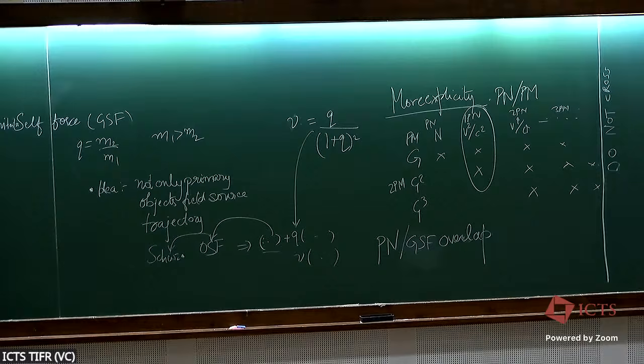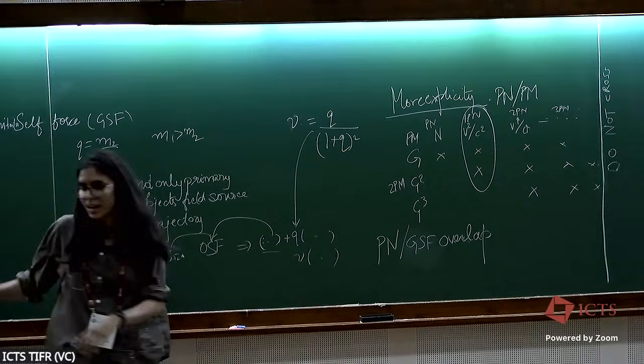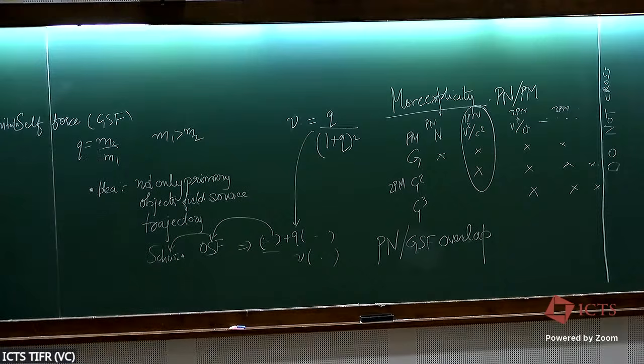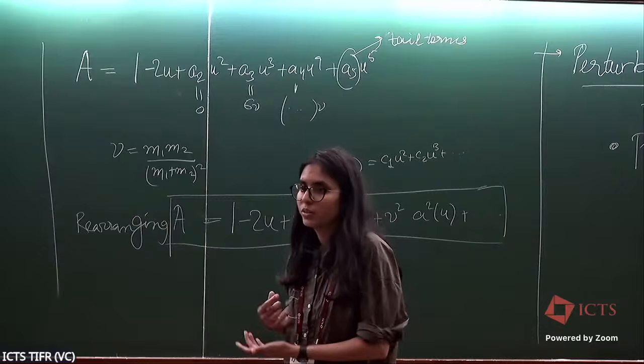For a GSF calculation, you need Q to be less than 1. But if I add this information in here, I'm not saying anything about Q anymore.